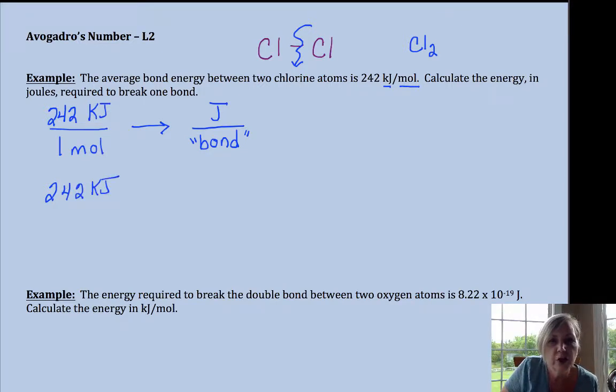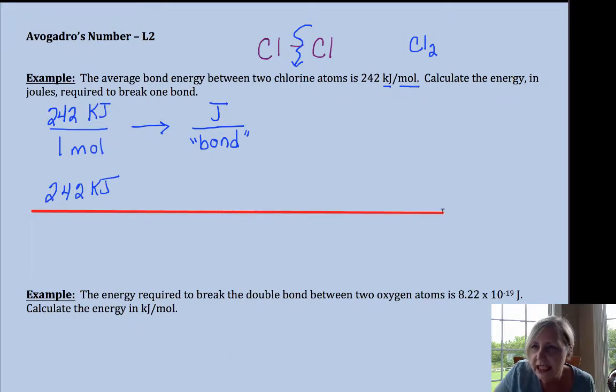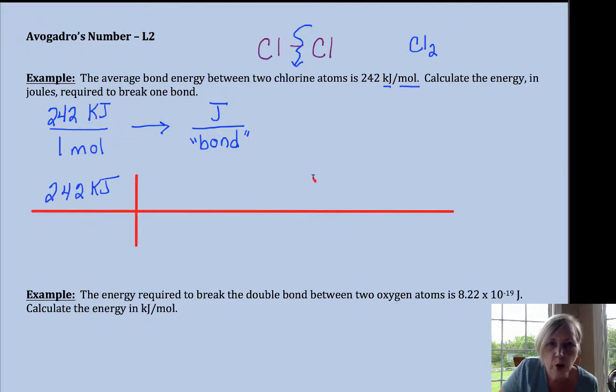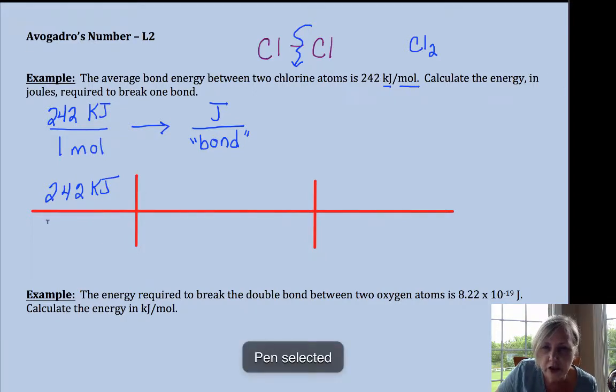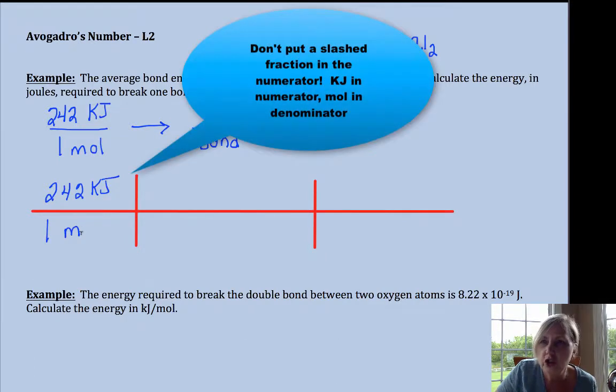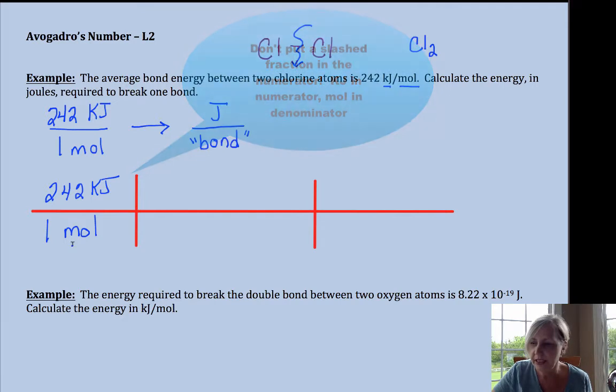So I'm going to start with my 242 kilojoules. I'm going to get a grid here. It's going to take 2 steps. I've got to convert moles to the count of bonds, and then I've got to convert kilojoules to joules. So make sure you put that 1 mole in the denominator, okay?